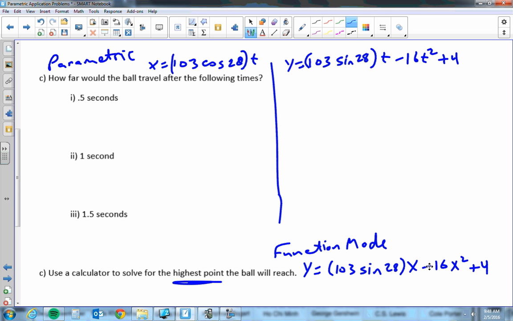You can get an idea. But when I ask you to calculate the highest point, I expect you to do second calc max. If you're trying to find zeros, calculate it. If you're tracing, you're not going to get the right answer. Okay, the table also usually does not give you the right answer. It gives you close, but I expect you to calculate. All right, get this done.